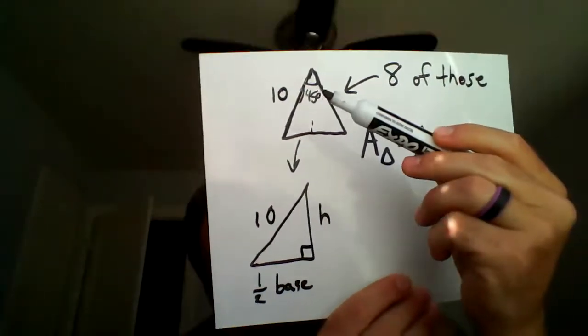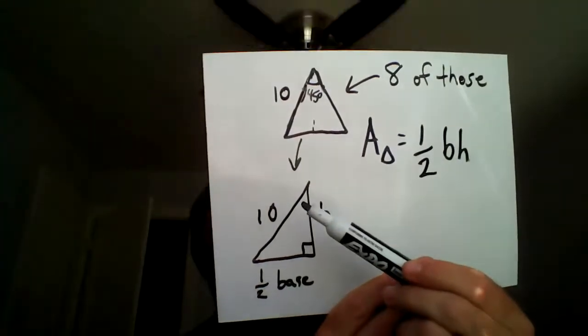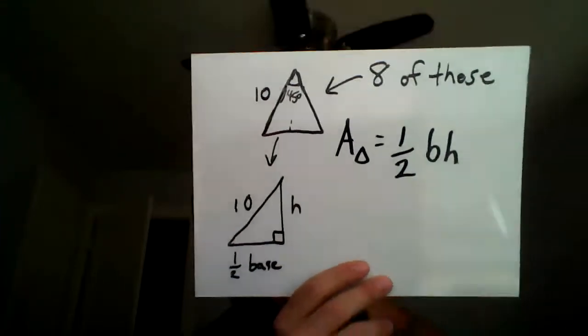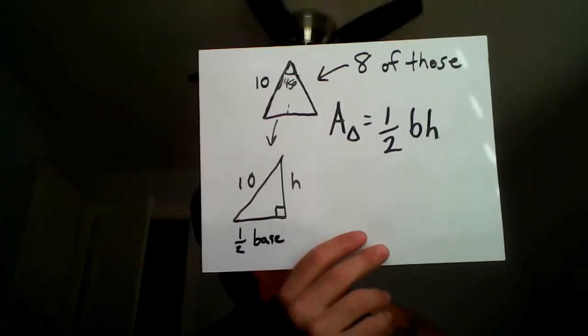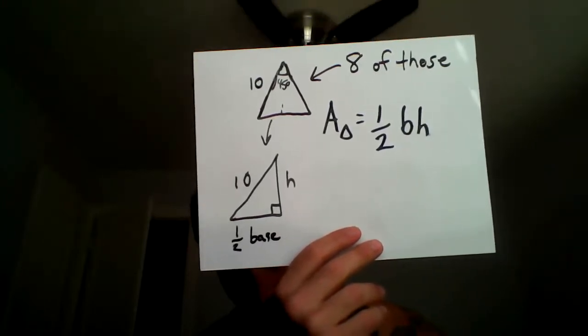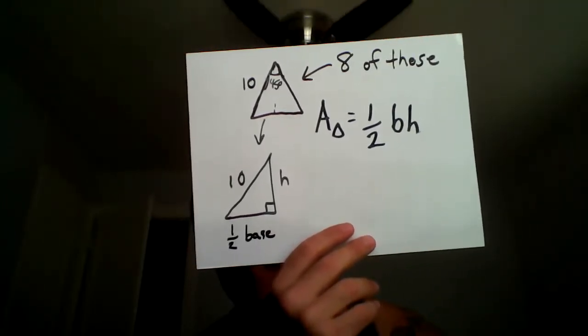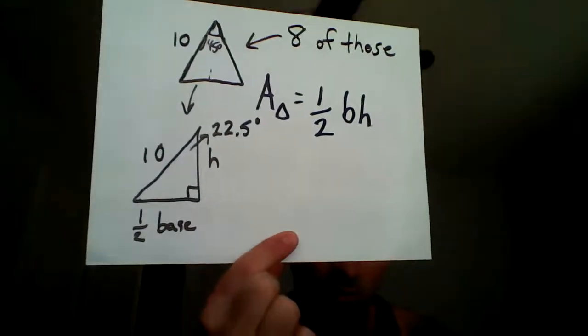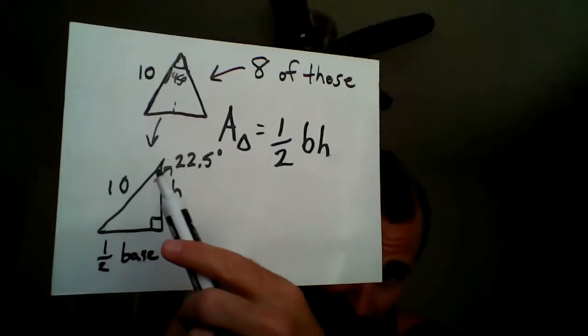If that one there is going to be 45, then when we split it in half, what's this one going to be? So now we have an angle we can stand on here.